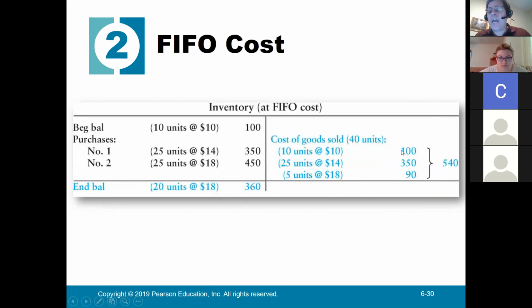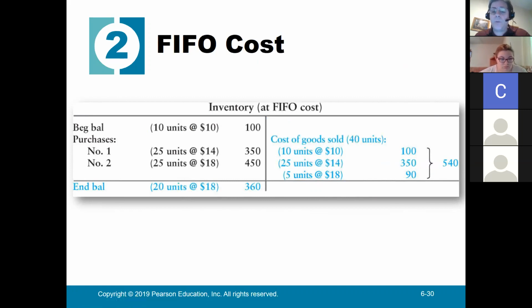So you're going to have some place off to the side to make this calculation: 10 units times $10, 25 units times $14, 5 units times $18. Add those up and that's your sale of 40. Notice it's still 40 units. It's still 20 left, just like the other way, but you get a different cost of goods sold.